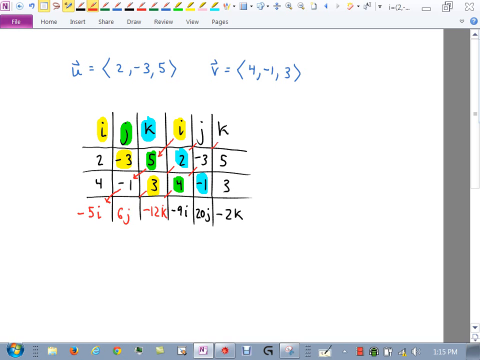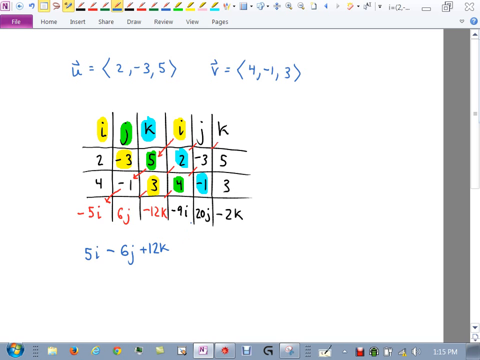All right. Now here's the major thing you have to remember. We're going to combine all those together. We're just going to add them together, how many i's, how many j's, how many k's. But everything we did diagonally to the left, we have to change the sign. So it's really going to be 5i minus 6j plus 12k.